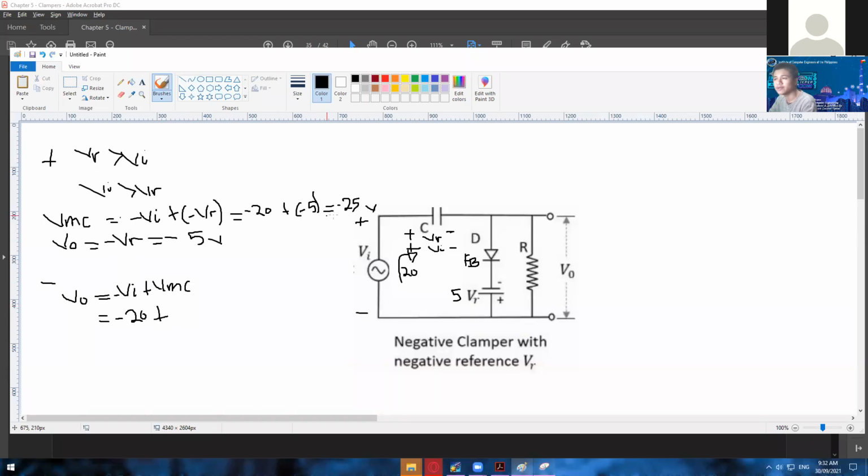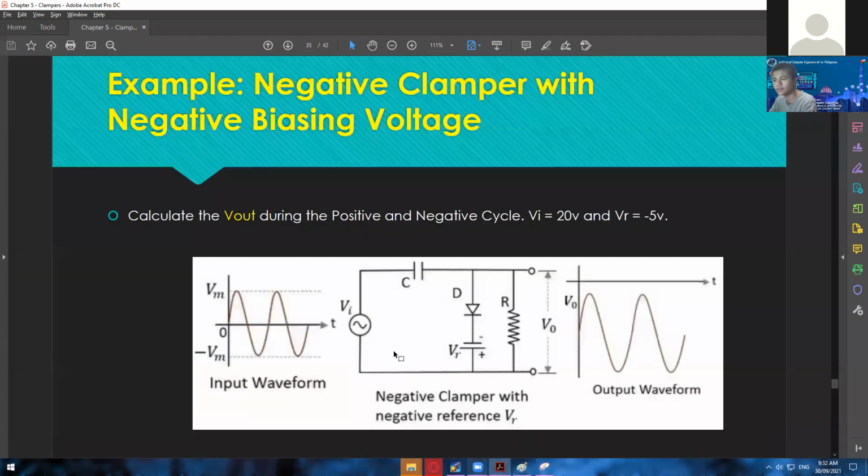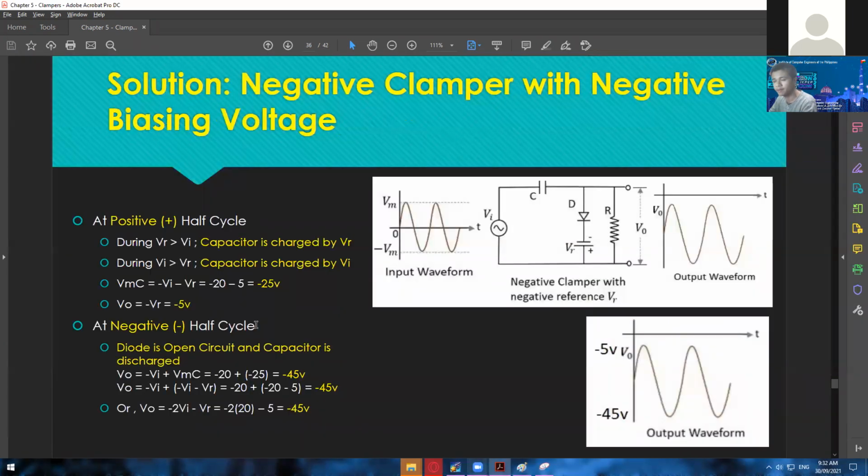And then VMC right here is negative 25. So VO is equal to negative 45 volts. And if you guys are going to compare our answer, we have negative 25 volts for the VMC, negative 5 volts for the voltage output, and then negative 45 for the voltage output during the negative half cycle.